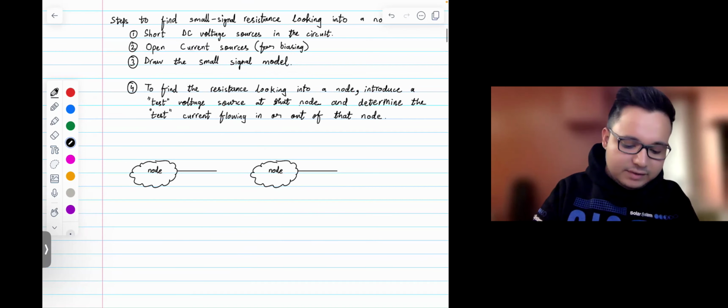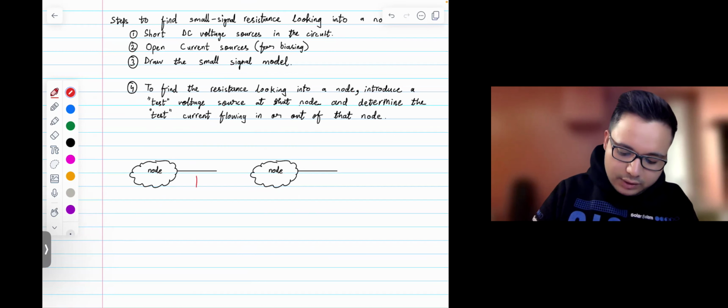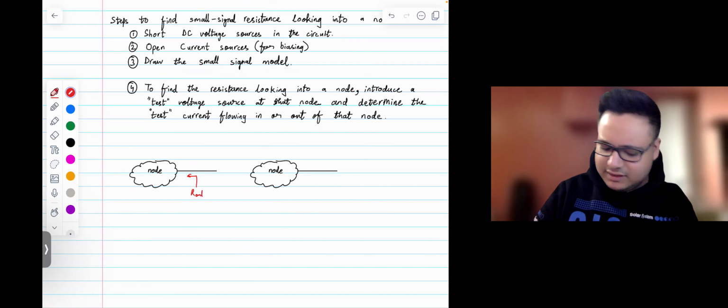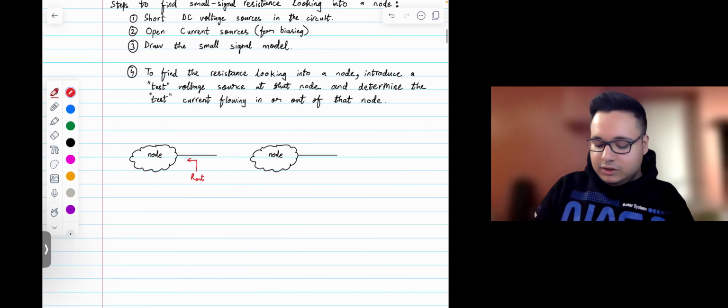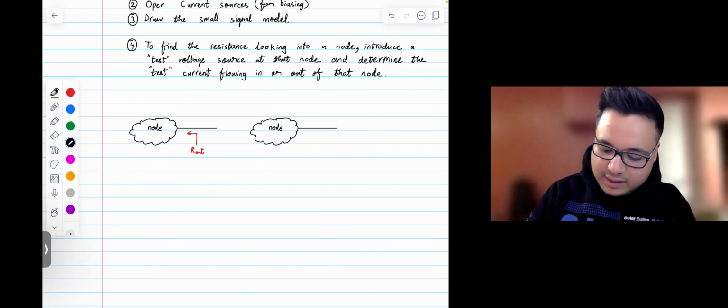So let me explain this fourth step a little bit more. Imagine this is the node, and we are trying to look into this node and find the resistance. Let's call it our Rout, okay? So what step number 4 is saying is that at that node, we introduce a test voltage source.